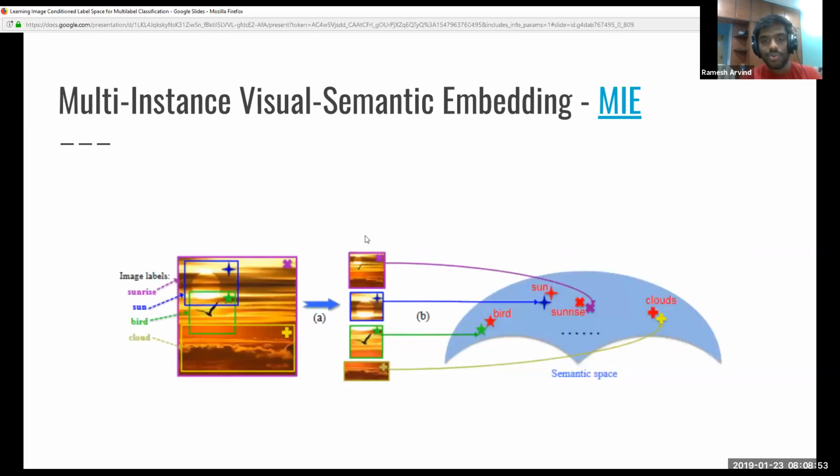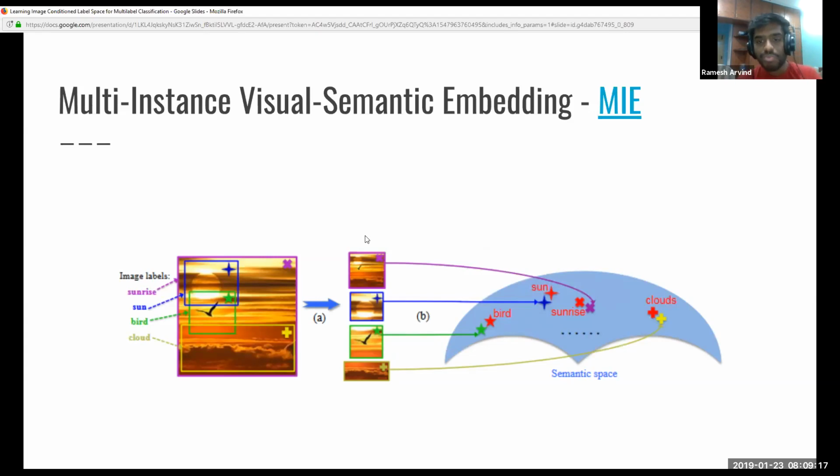So the way this architecture works is you take your region proposals. For each of these region proposals, you don't directly train a classifier on top of it. Instead, you output a word-to-vec embedding. The loss function tries to minimize the distance between the output of the model, which is a word-to-vec embedding, and the true embedding, while maximizing the distance to all of the other embeddings in your label space.